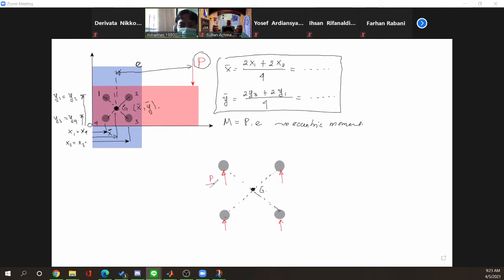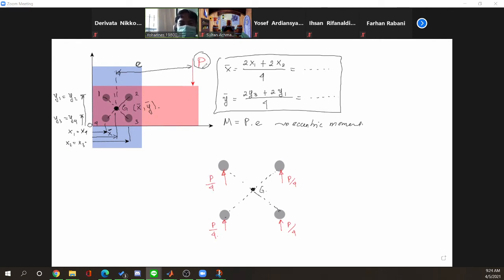So it should be P over 4. So we call this direct shear because it comes from the vertical load directly. So we call this direct shear load. And we can assume that this load is divided by the number of the rivet.